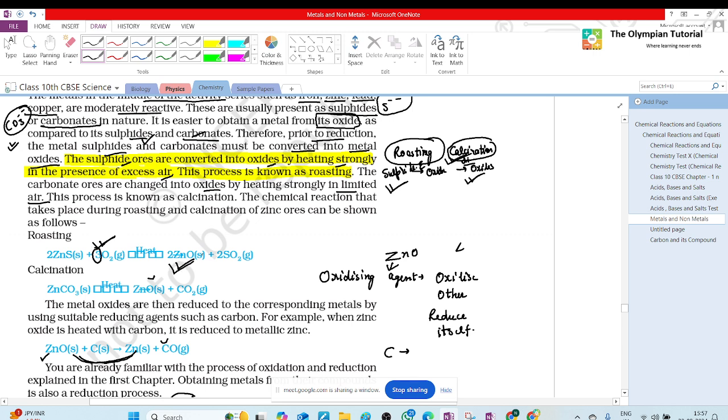We get oxide of ore and then it is reduced to get metal. In calcination, carbonate ore gives oxide which is reduced. Here it is heated in a limited amount of air, but in roasting it is heated in a high amount of air.